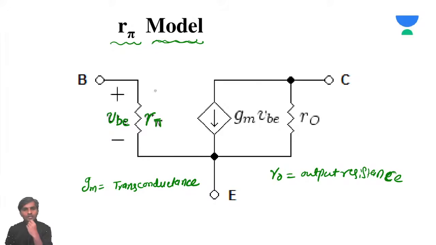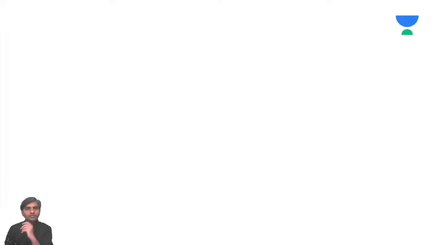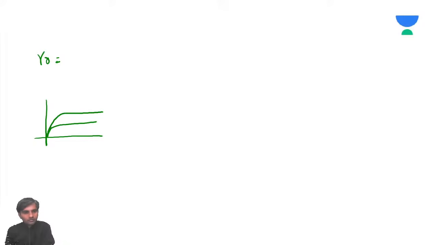If you look at the output characteristics of the common emitter configuration, you might have seen, you'll get something like this. The output characteristics will look like this.